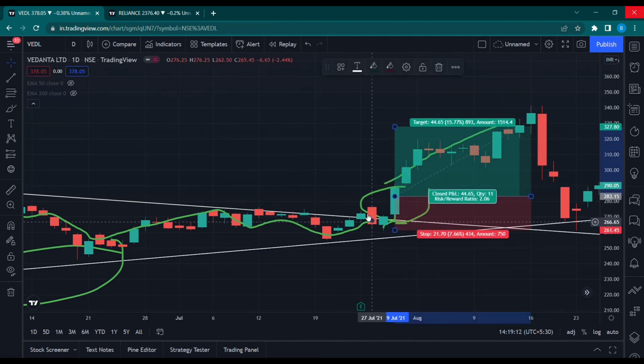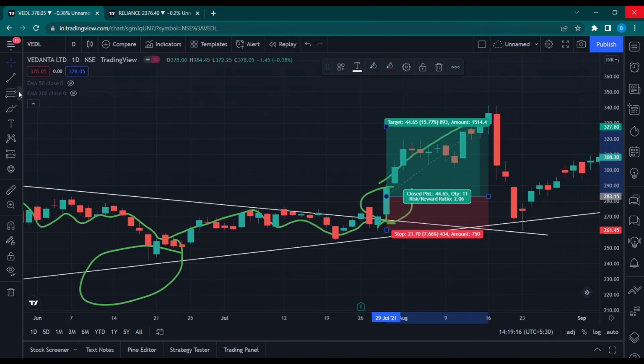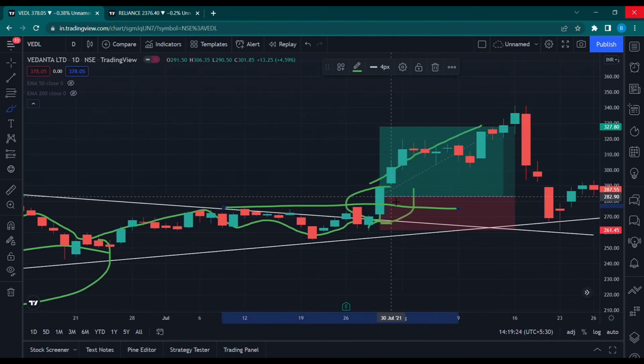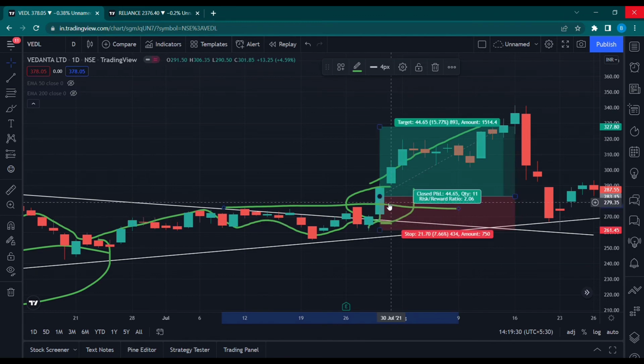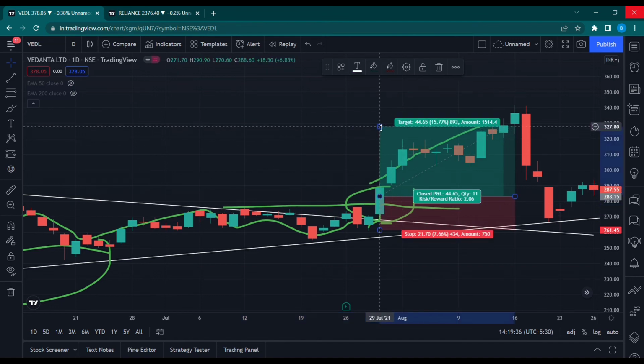So in that case, if this high, this resistance, if I were to mark this level at 208.76, once this high got broken, you could enter at this position with a stop loss just below this candle, below this trend line, and then you could ride the trade, right? So in that case, you would be getting a better risk reward, so around 2.4 or more, right?